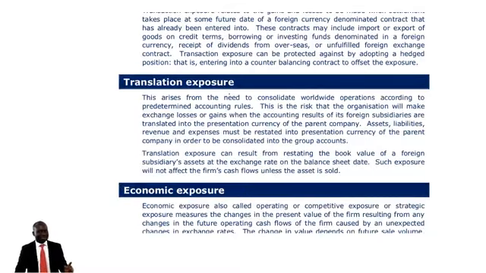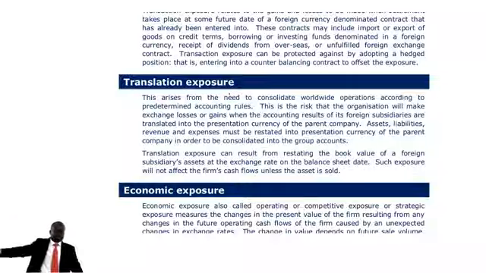What is translation exposure? Translation exposure occurs when you have to prepare a consolidated financial statement to include a foreign subsidiary that had prepared accounts in foreign currency. Simple definition: you are preparing accounts to include a foreign subsidiary.